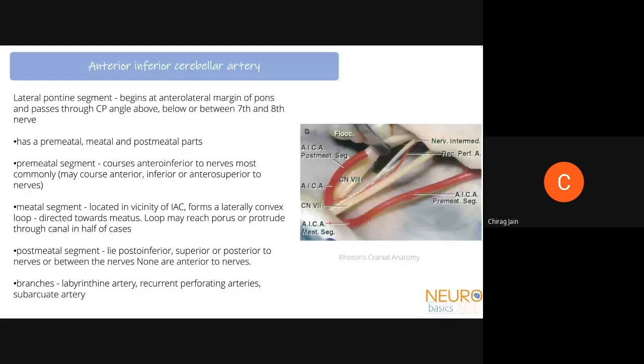But important to remember that the post-meatal artery will never be lying anterior to the nerves. When we're approaching through the retrosigmoid approach, this artery will always be lying behind the nerves. The important branches which arise from the AICA are the labyrinthine artery, recurrent perforating artery, and subarcuate artery.